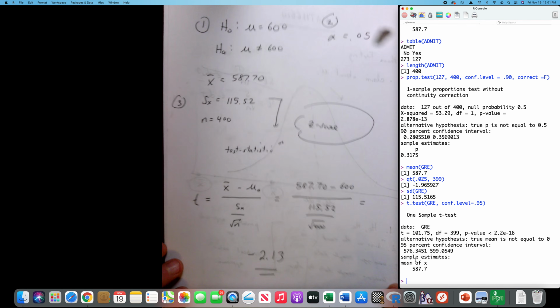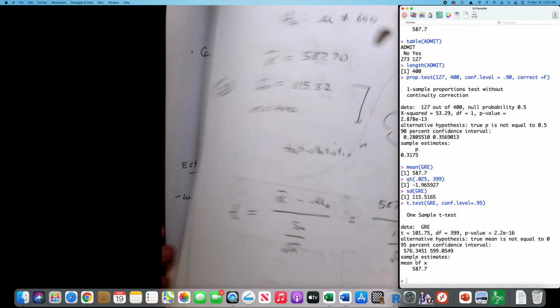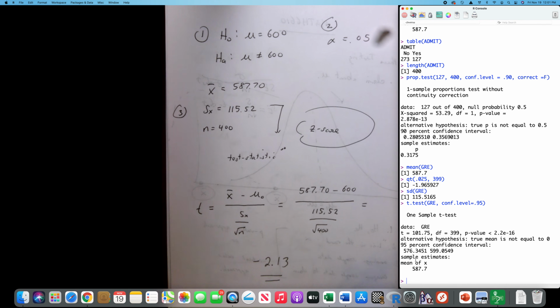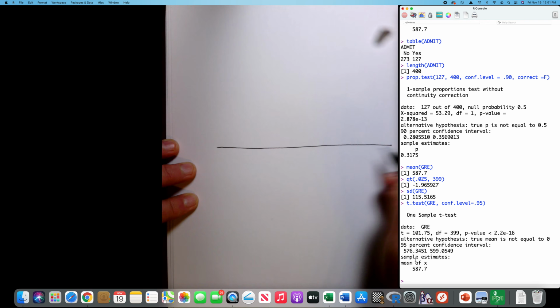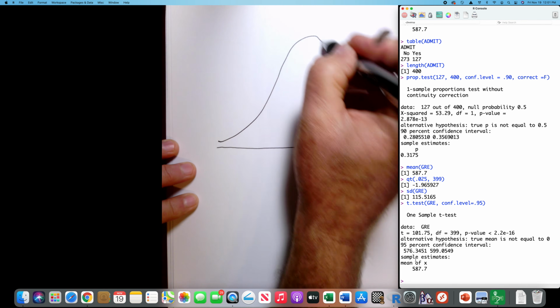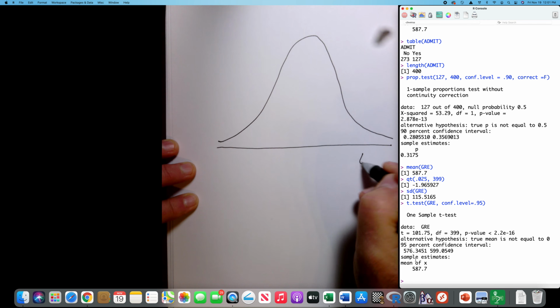Now the next thing we'll do is calculate the p-value. So again, let me grab another sheet of paper here. The theory behind it is this. We are drawing our sample from a t-distribution, degrees of freedom 399.